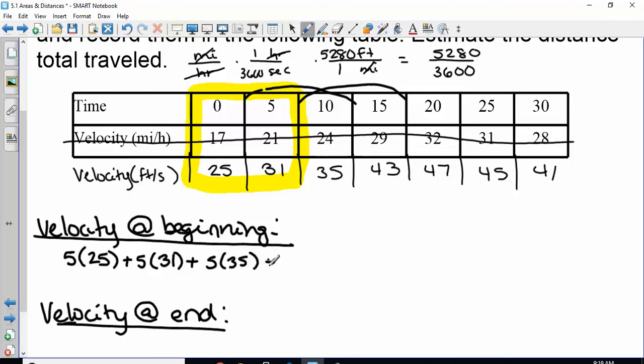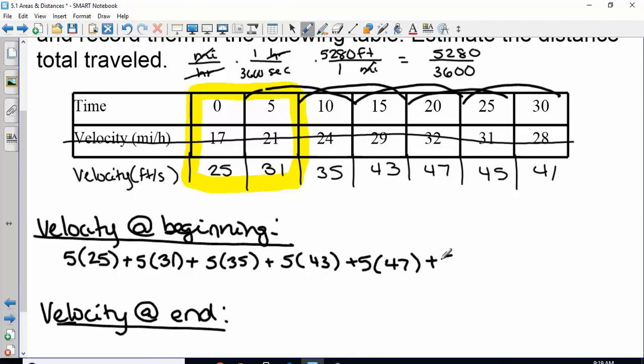35. If you recognize that all these are a distance of 5 apart, you could have just pulled the 5 out in the front too, either way. So we've done 0 to 5, 5 to 10, 10 to 15. Between 15 and 20, it's a time frame of 5, assuming a speed of 43. Between 20 and 25, a time frame of 5, assume the 47.